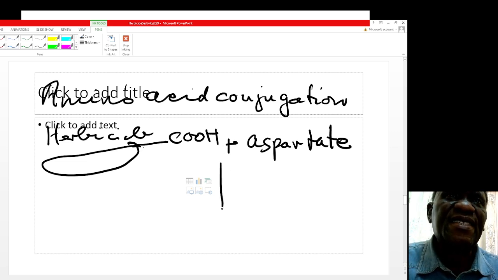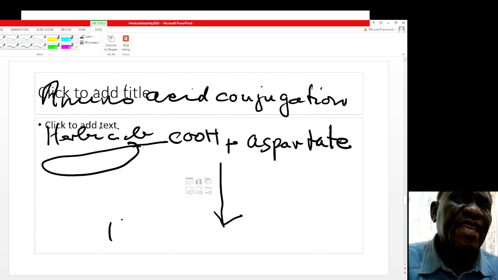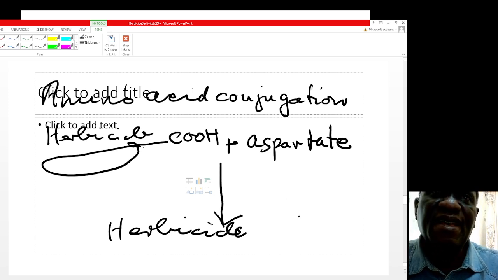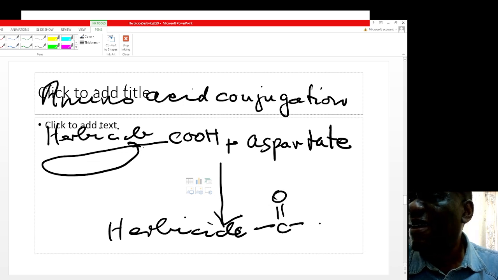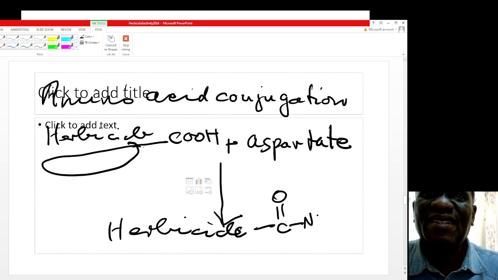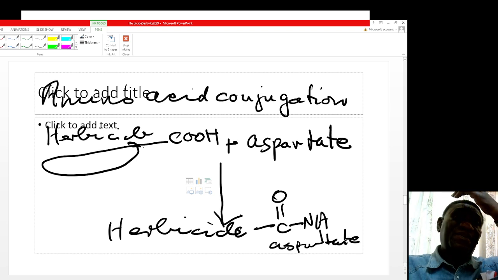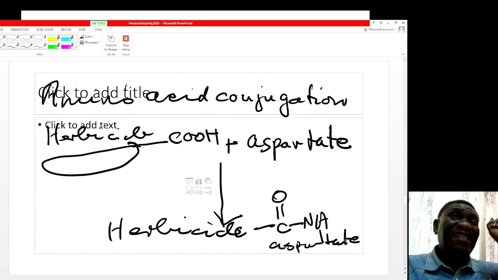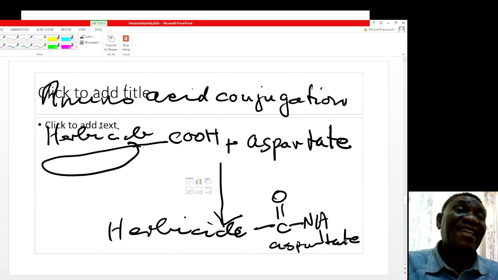So this gives us herbicide NH aspartate. Right. So this reaction will complete phase 2 reactions.